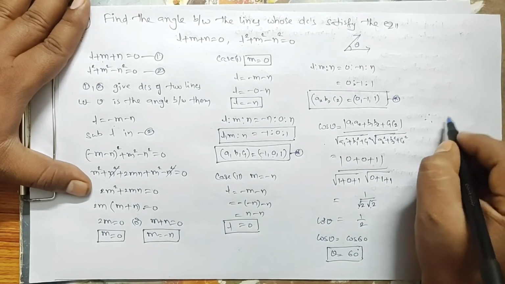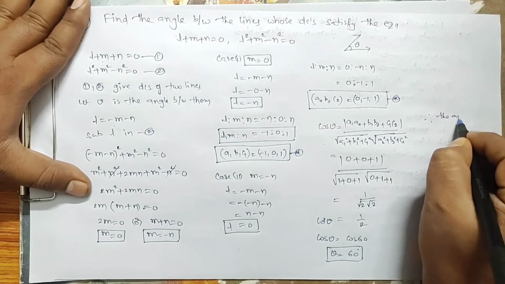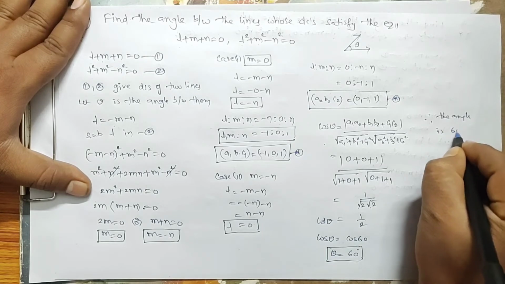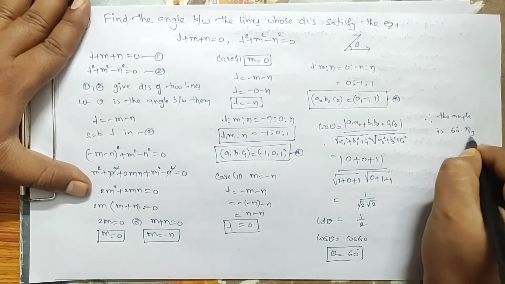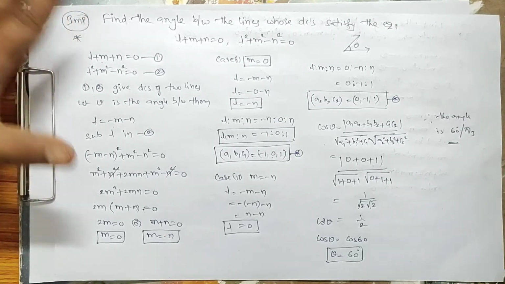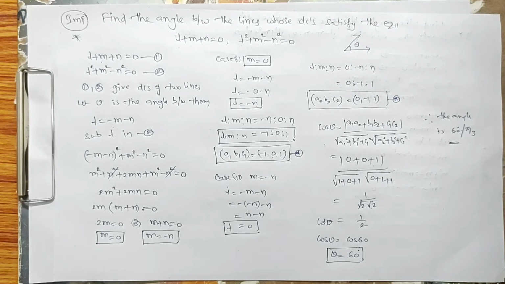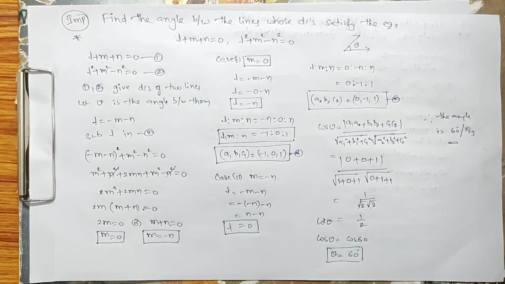Therefore the angle is 60 degrees or pi by 3, we can write it either way. So this is a very important problem. Everyone must learn it. There is a chance it will be asked for 7 marks.